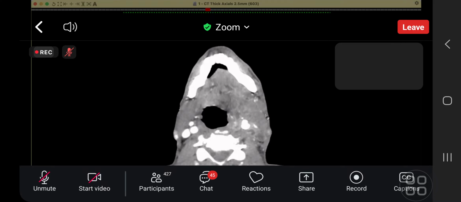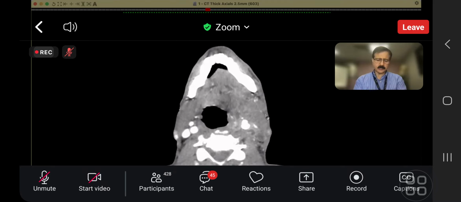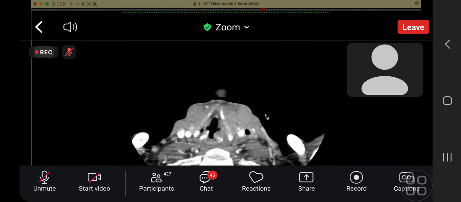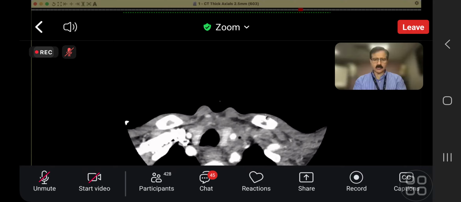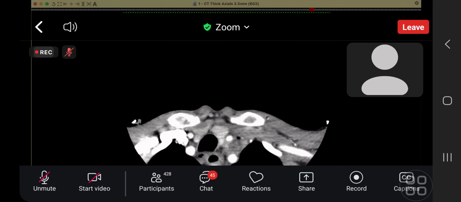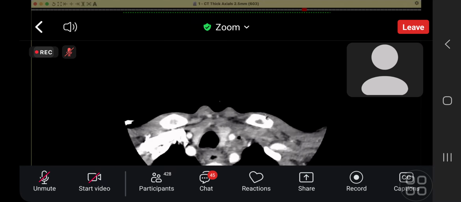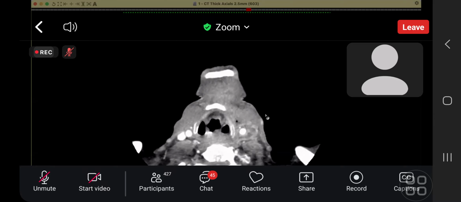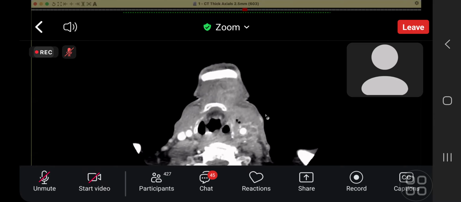So how has all of this gone into the mediastinum? And what will be the source of all of this? What do you think is the source? The source could be the soft tissue thickening, which I am seeing along the course.